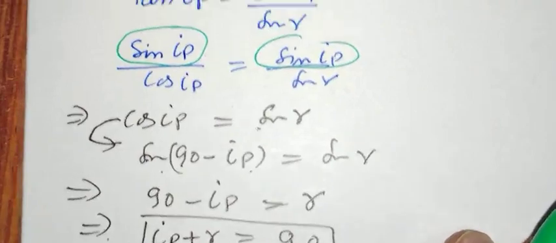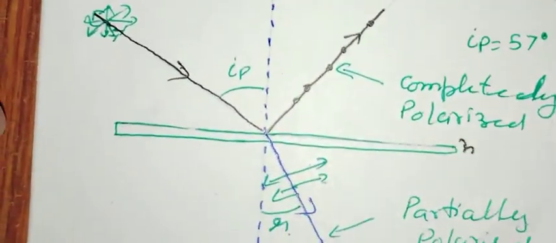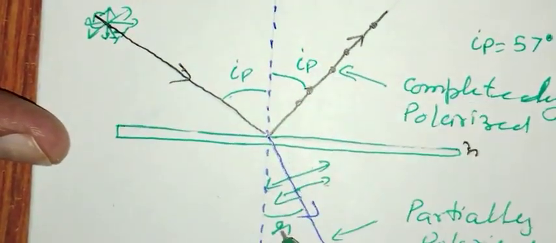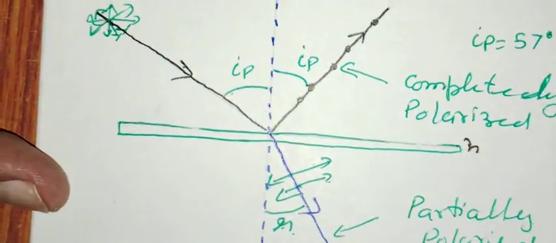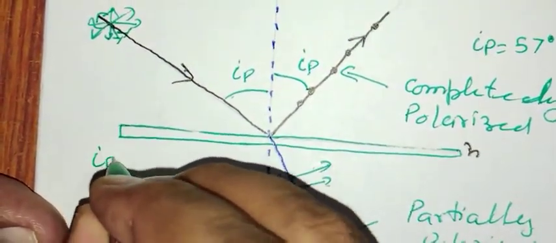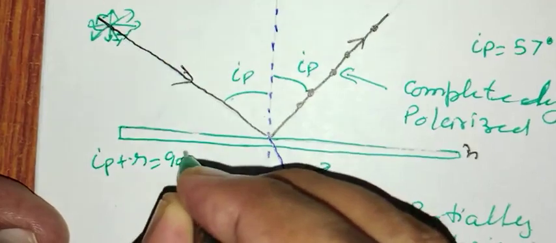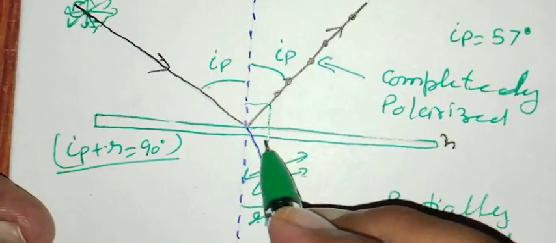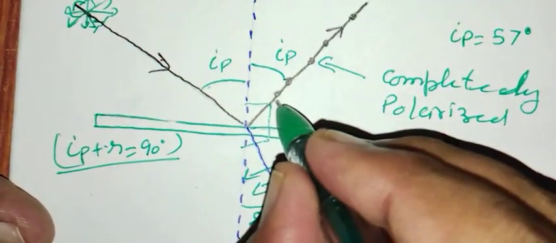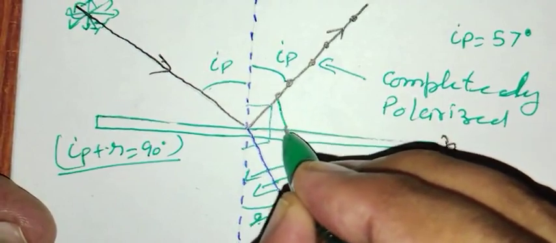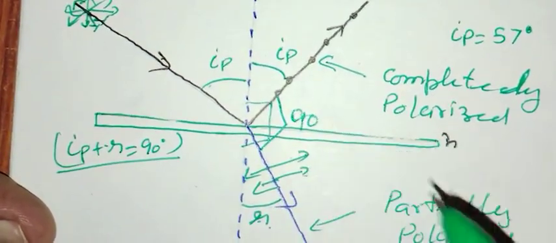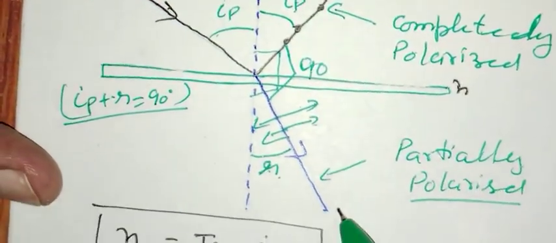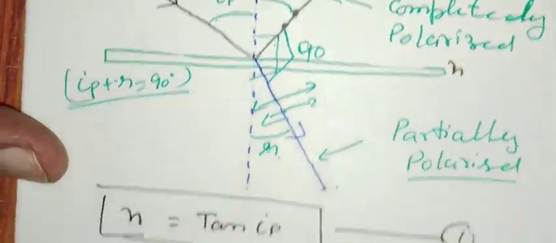Now focus here in the diagram. This angle is the angle of incidence IP, and this is R. IP plus R is 90 degrees. This total is 180 degrees. So this angle is also 90 degrees. It means the reflected ray and the transmitted ray, this is the refracted ray, are perpendicular to each other.